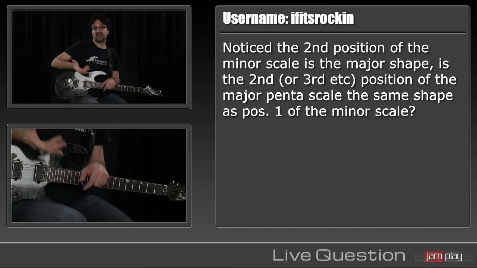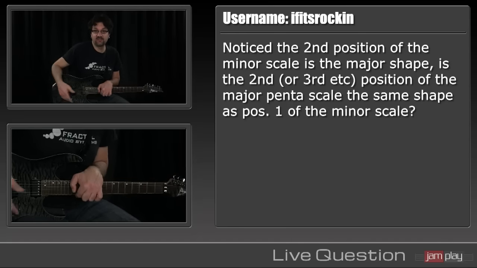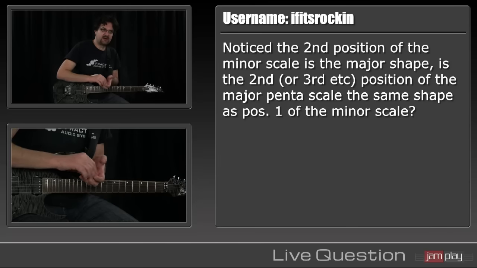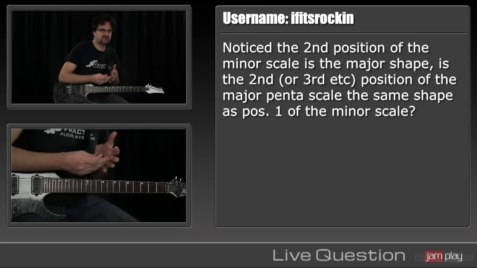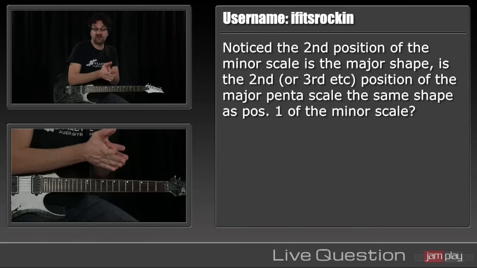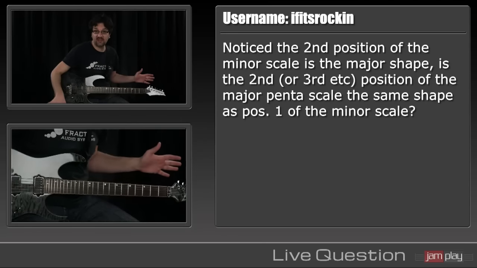That might seem like nothing, a few seconds, but they do it all the time. All that because some players didn't want to spend time really thinking this is position 1 of the major pentatonic. This is position 1 of the minor pentatonic. Do the work like that.